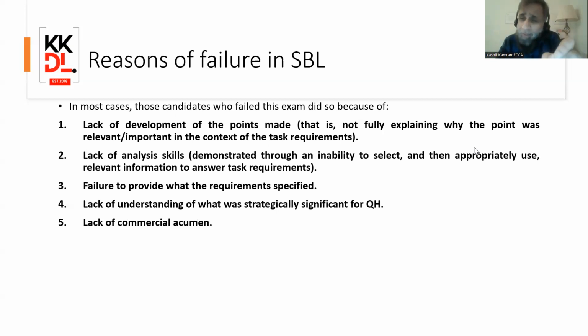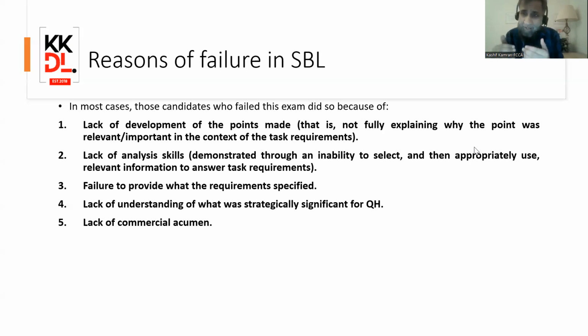Lack of commercial acumen, sound business decisions, sound business knowledge: why something is important for the business, or why something is disadvantageous for the business, commercial acumen, know-how of the business, having a command on the business in the case study.